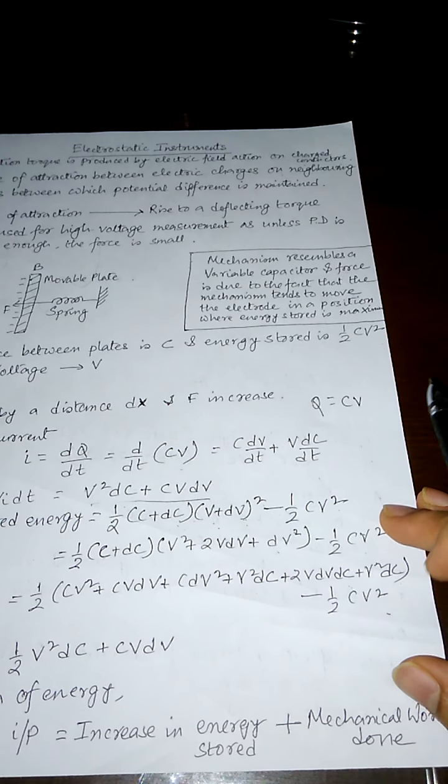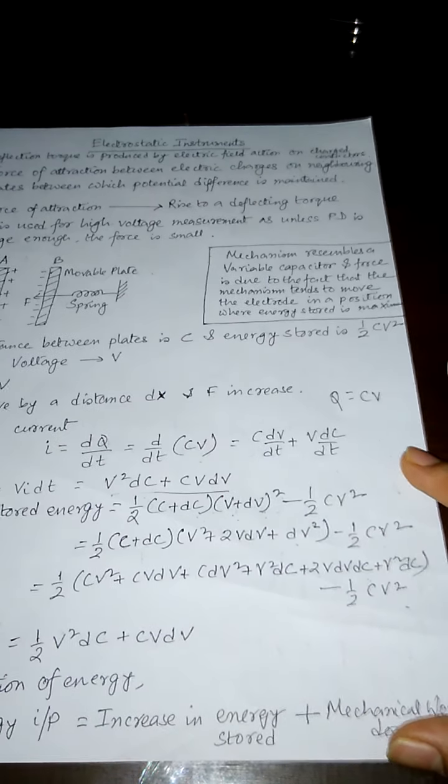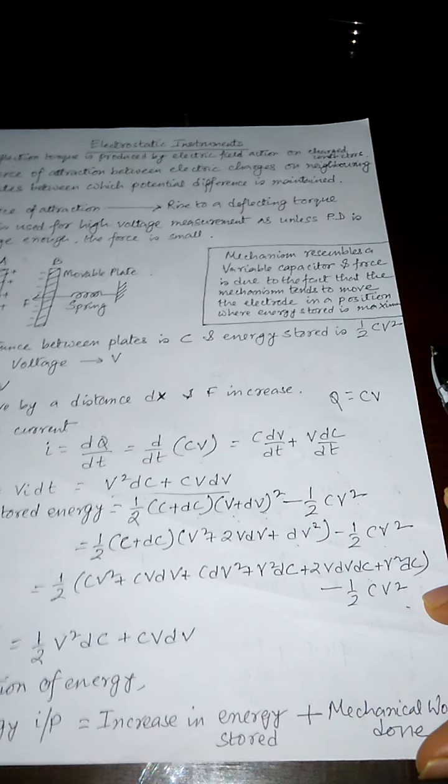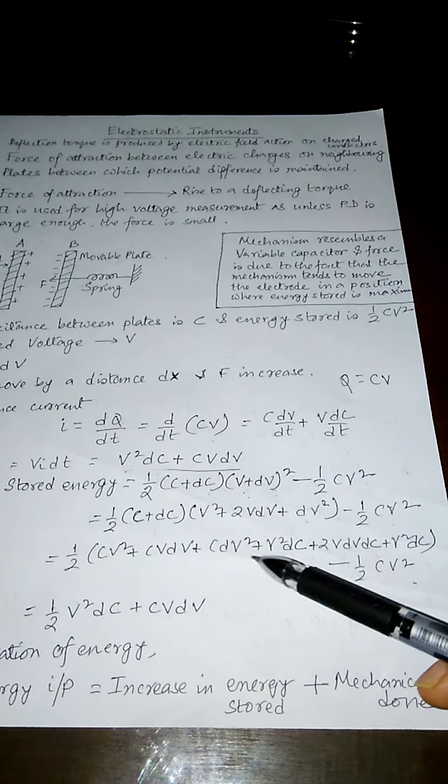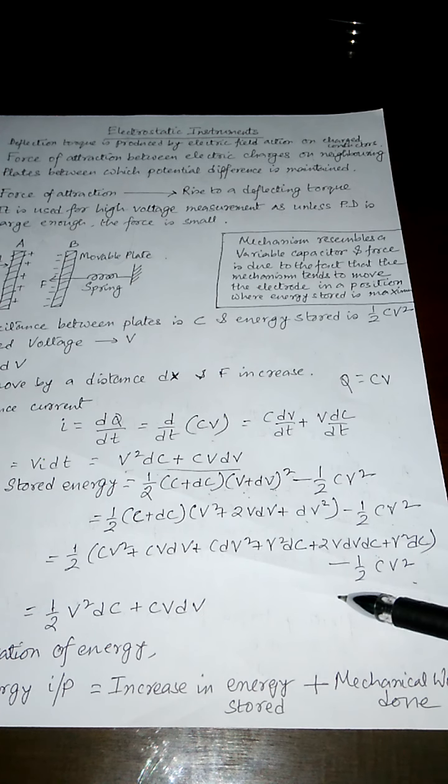Now after doing all the multiplications, we neglect the higher order terms. Higher order terms are those with double differentials or similar, and we can neglect them because they are very small quantities.